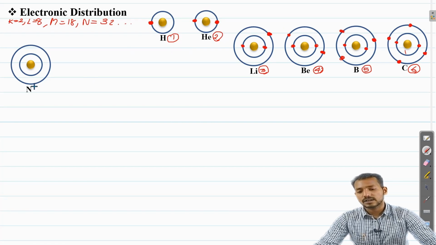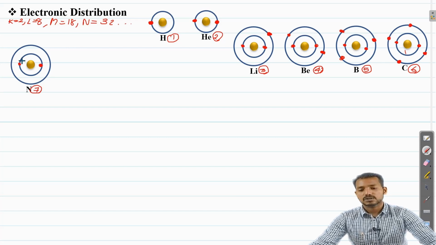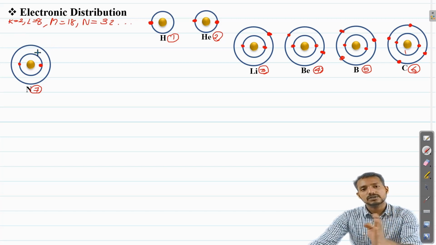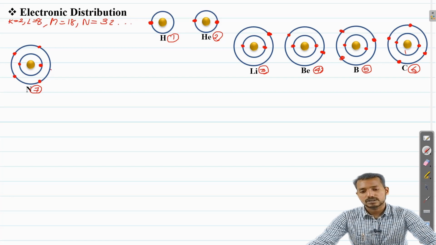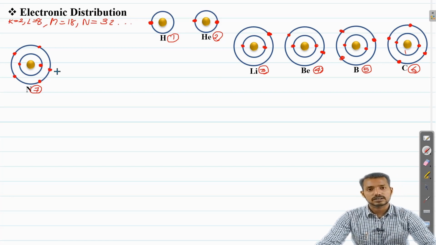In nitrogen there are 7 electrons. First 2 electrons are filled in the first orbit, that is the K orbit, and the remaining 5 are accommodated in the second shell, that is the L shell. So 2 plus 5 is equal to 7, total 7 electrons.